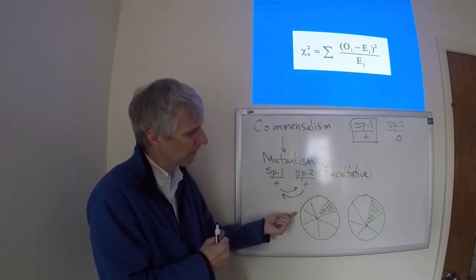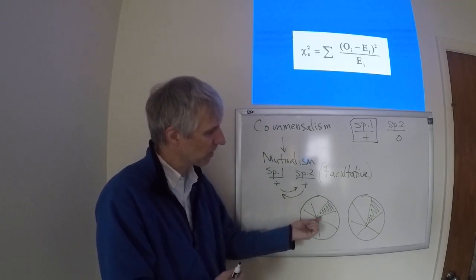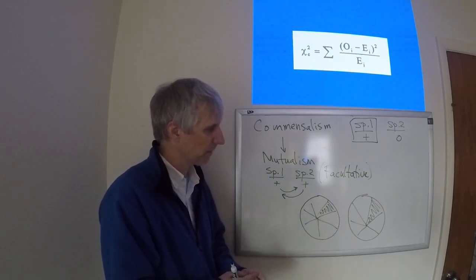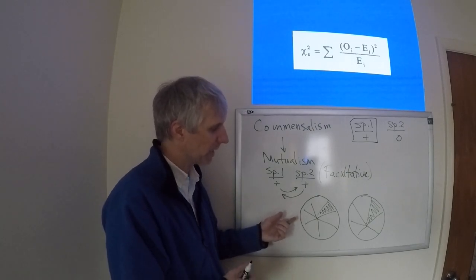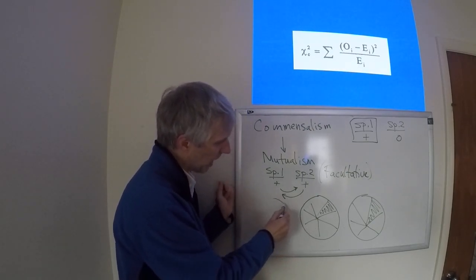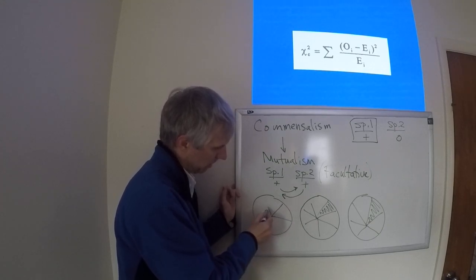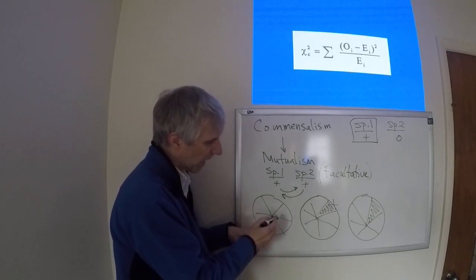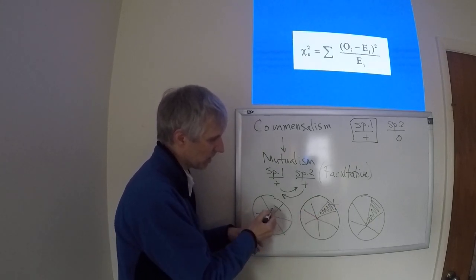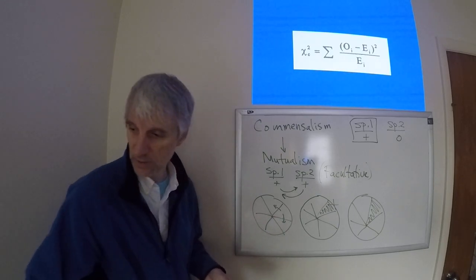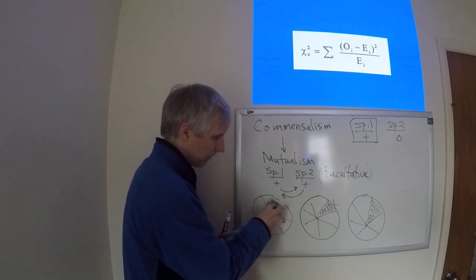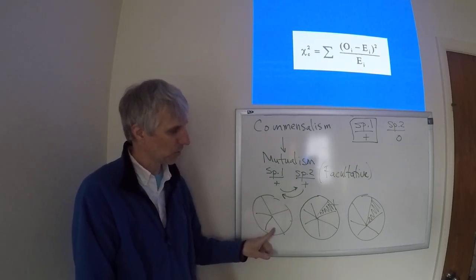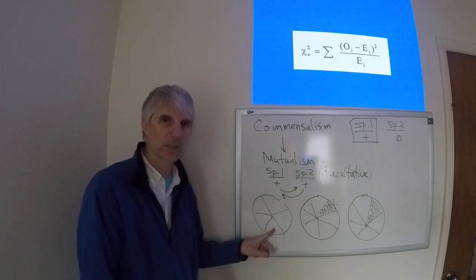These allocations of resources, species 1 is allocating and species 2 is allocating. Now, if by chance an individual in the population did not allocate resources to this function, but instead allocated these resources to other functions, this individual would be favored by natural selection.